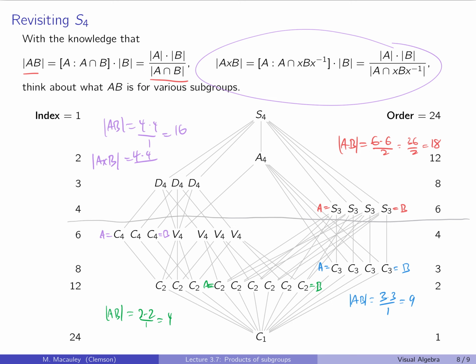So that means that these would have to be the same, and we get 4 times 4 divided by 4, which is size 4. So in other words, the double coset partition of S4 by these A and B is going to be 16 plus 4 plus 4, which adds up to 24 elements. So without even computing, we know this is the size of the partition.